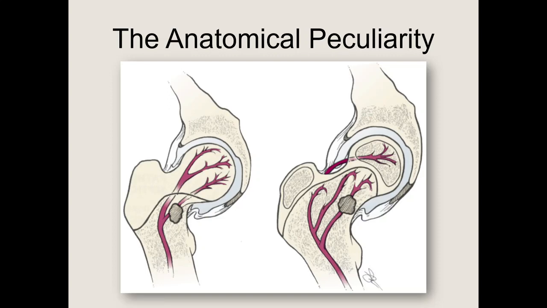Up to 18 months of age, a metaphyseal infection in the proximal femur or the proximal humerus will quickly turn into a metaphyseal as well as epiphyseal infection because of the continuity of the metaphyseal blood vessels into the epiphysis.